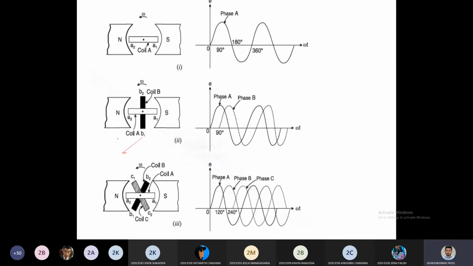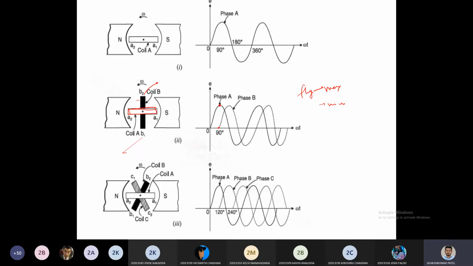If I say this condition is stationary right now, the flux in phase A is maximum compared to phase B. So at this time, phase A will produce a maximum EMF and phase B will produce a minimum EMF. Why? Because the flux linkages are different. Flux linkage is maximum in one and minimum in the other coil. That's why we see this difference.